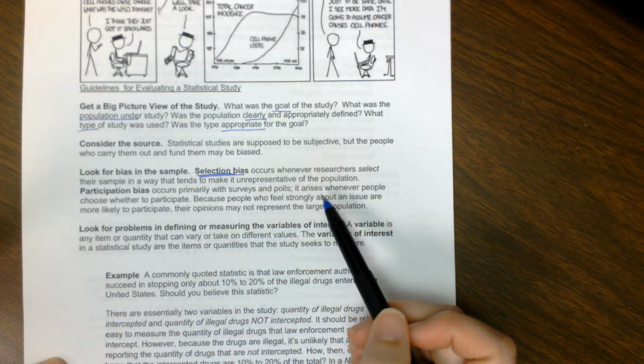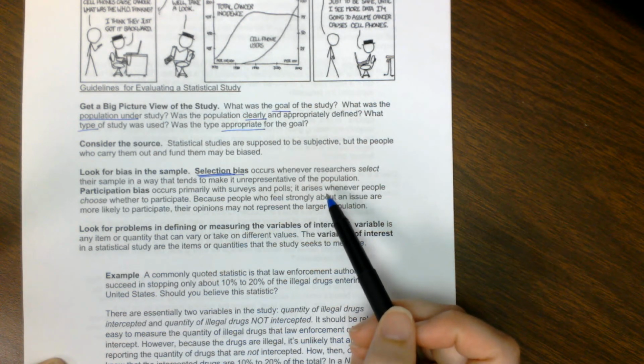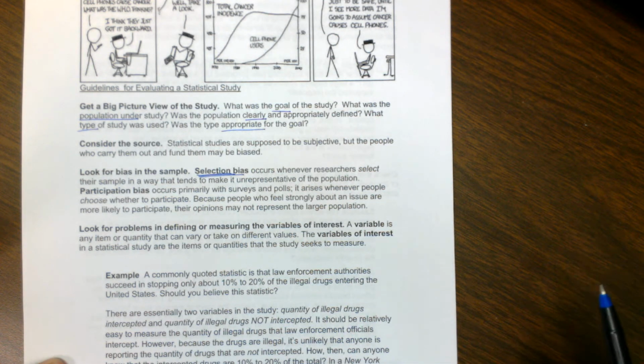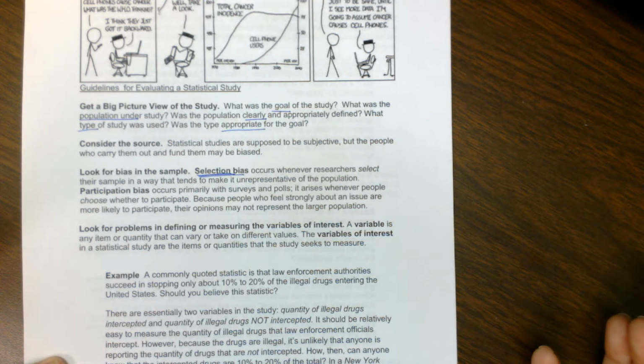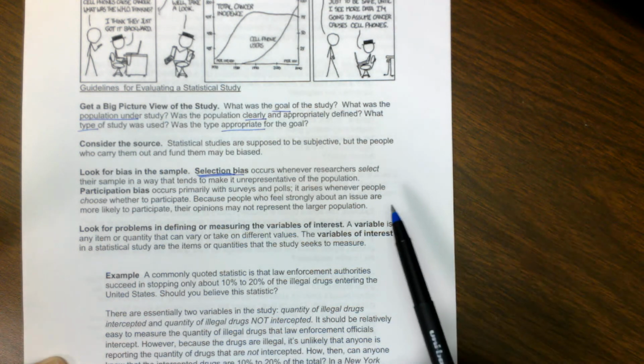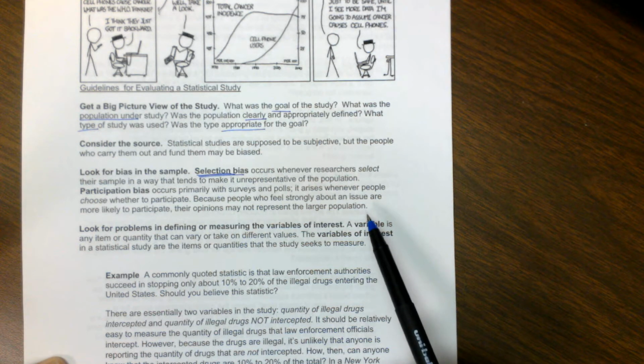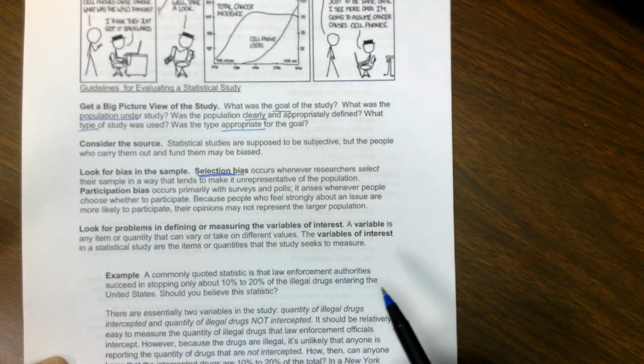So for example, if you're trying to take a poll of people about their favorite grocery store, and you only interview those who are coming out of a specific grocery store, you're probably going to get bias towards that store because obviously they're shopping there. That means they like it, but it doesn't mean that it's going to represent the entire population.